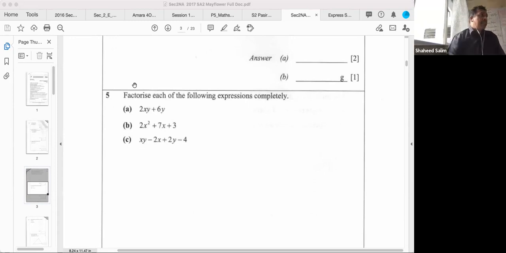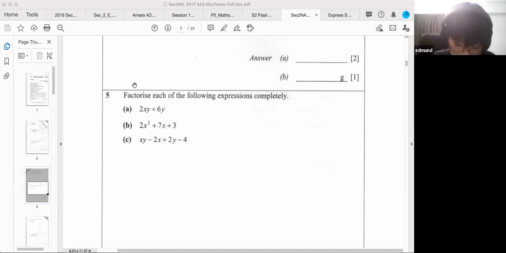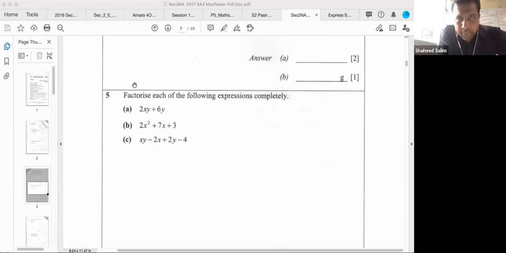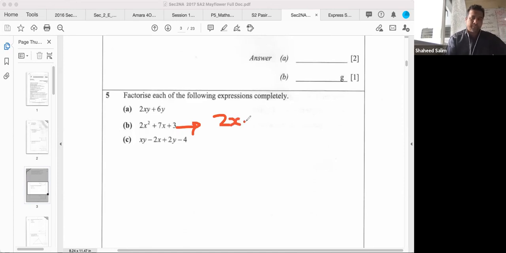Next one, read. 2x plus 1, x plus 3. 2x plus 1 bracket x plus 3. Are you saying that? Okay, well done. So this one, I just confirm again. You got 2x plus 1, then x plus 3. Well done.